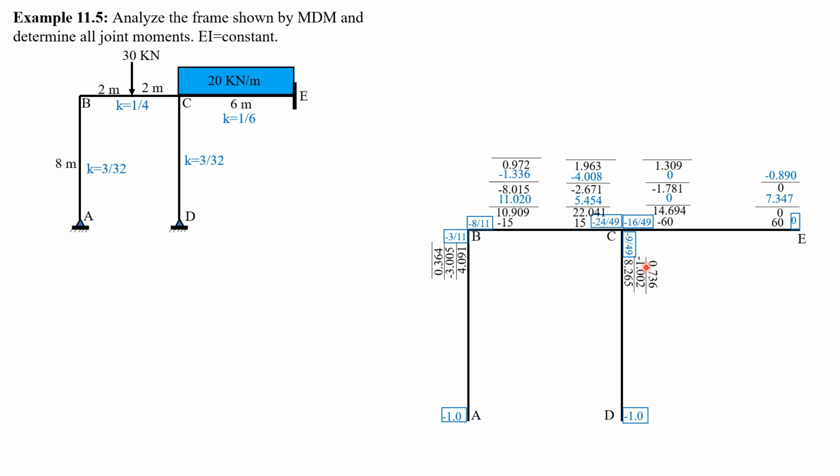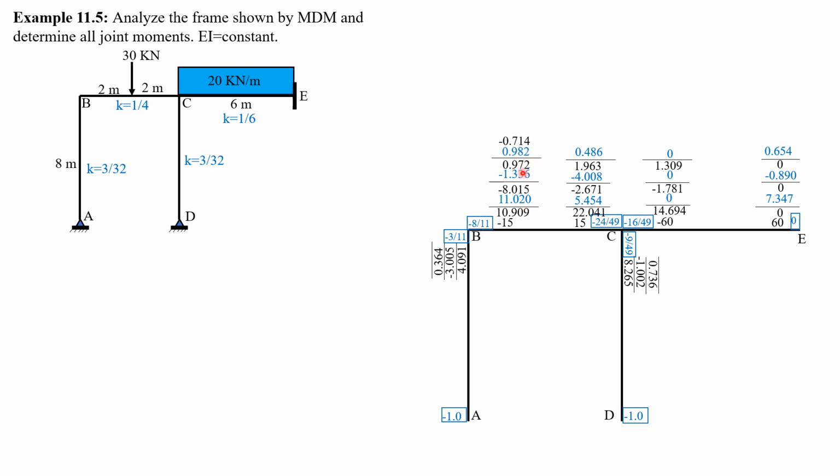Negative 4.008 times negative 9 over 49, 0.736, lock partially. Negative 0.89 times 0, lock partially. Half of 0 is 0. Half of 1.309 here, 0.654. Half of 0.972, 0.486. Half of 1.963, 0.982.